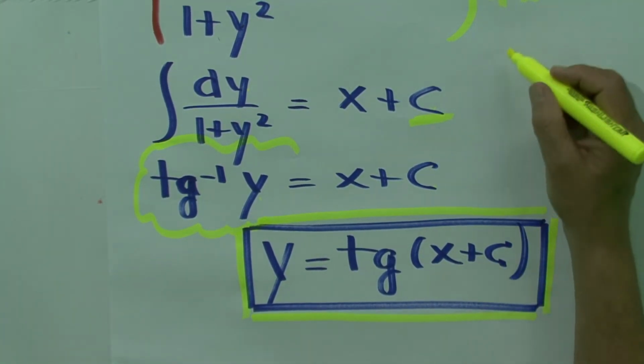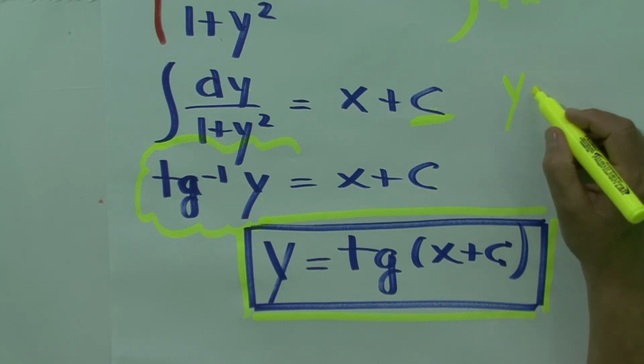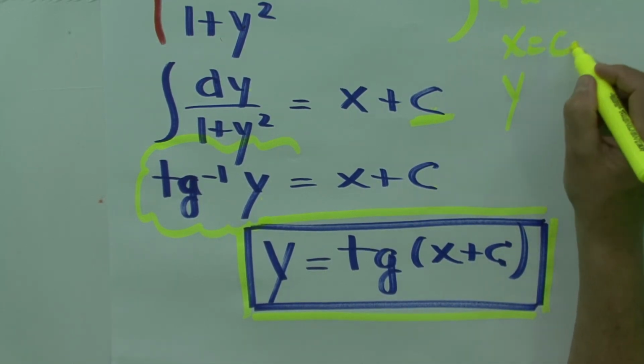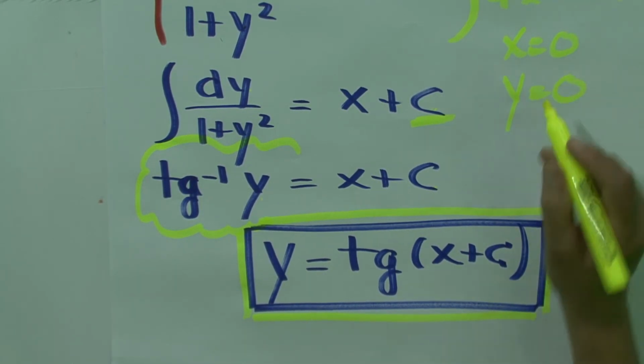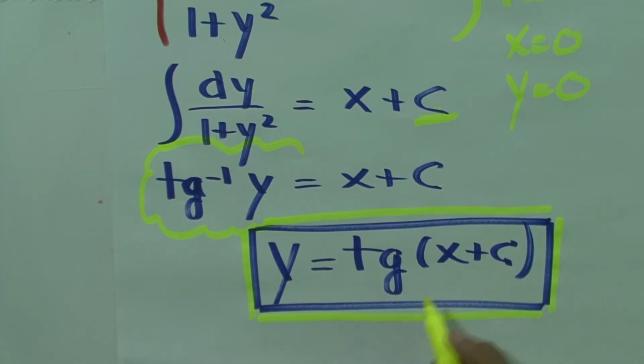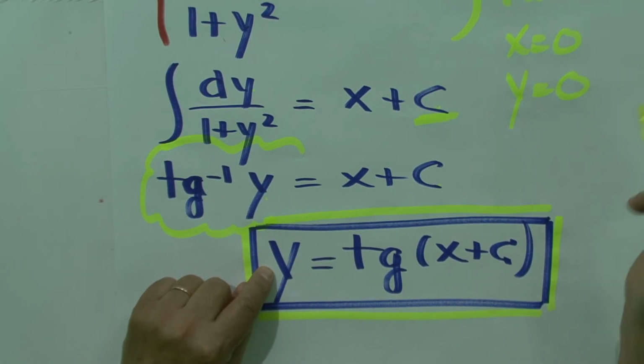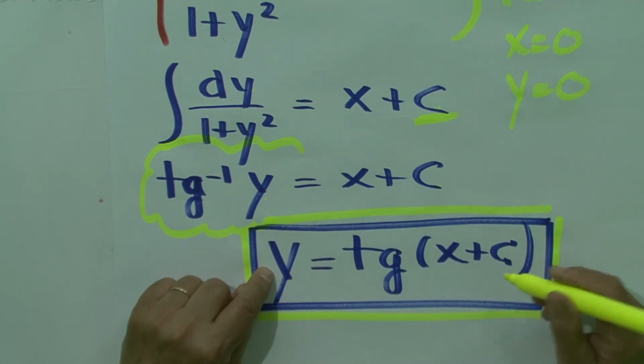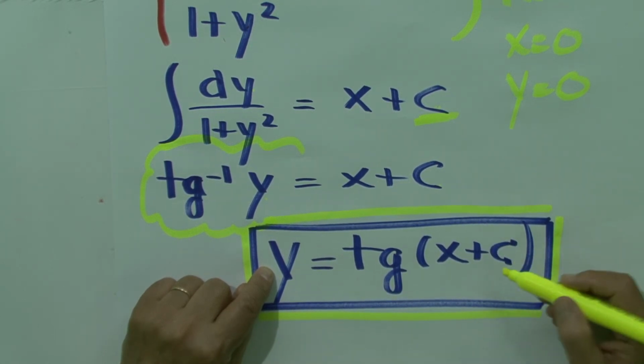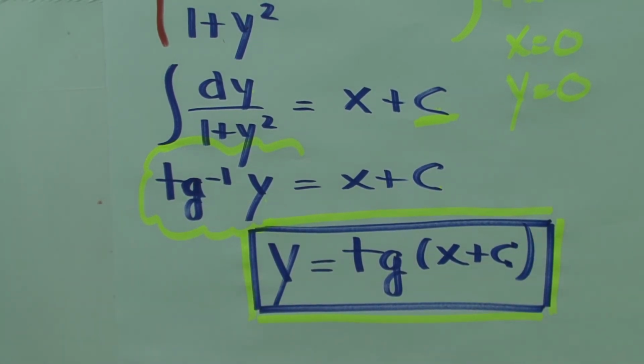If I impose there, say, look, when x is equal to 0, y must be 0. Then I come here and I say, well, when this is 0, this is tangent of c. But this has to be 0, so c has to be 0, or some multiple of pi, or minus pi, or 180 degrees or something like this.